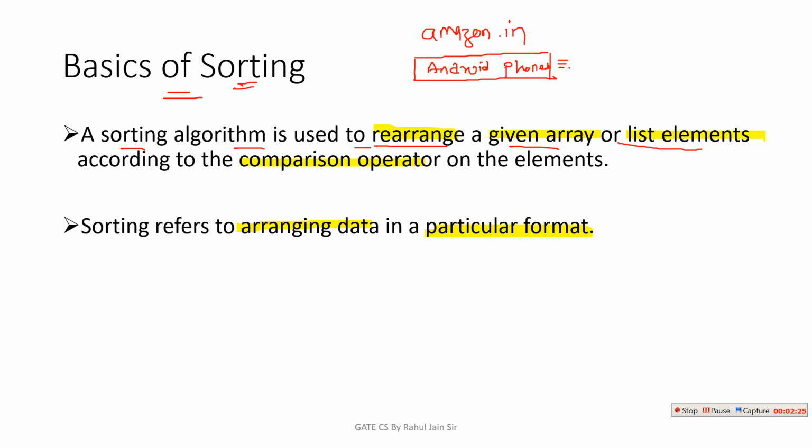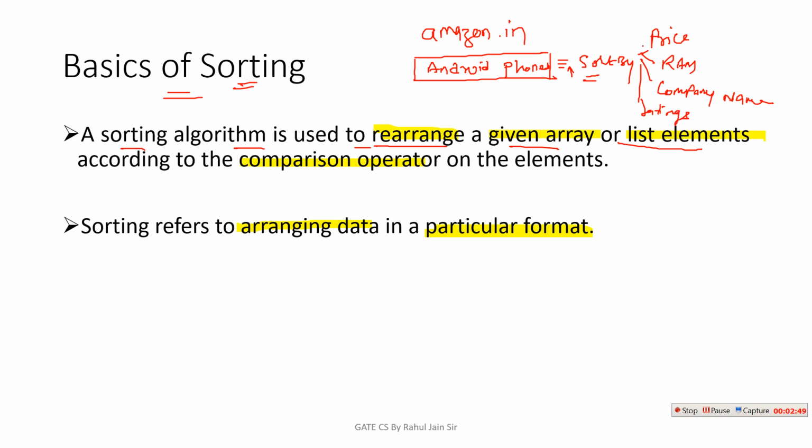Then there is a triple line. If you click here, there is an option of sort by. You can sort by price, sort by RAM, sort by company name, sort by ratings, and many more, isn't it?